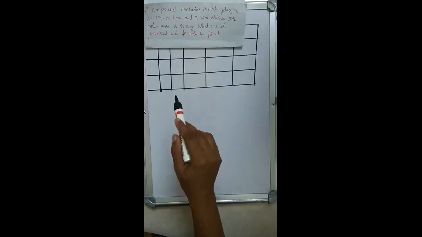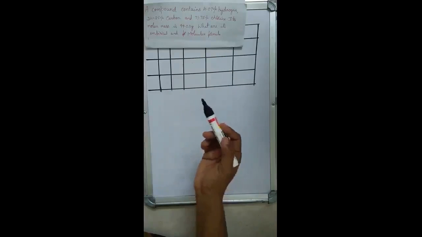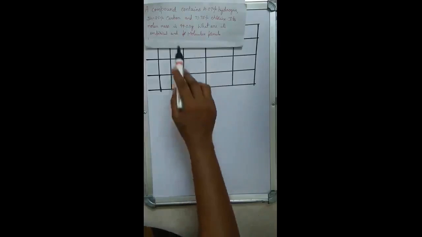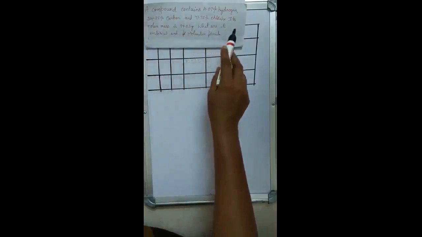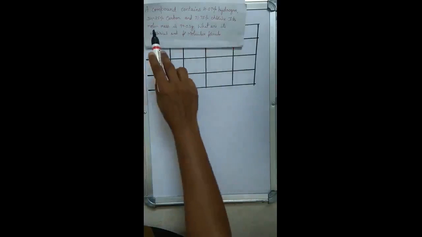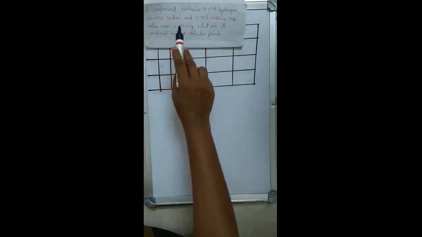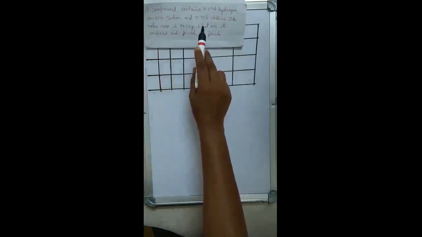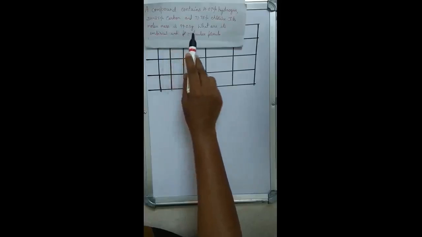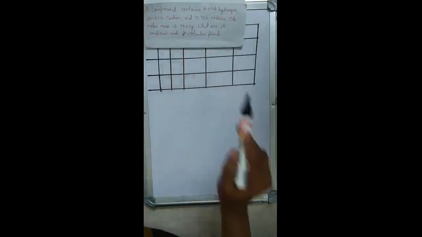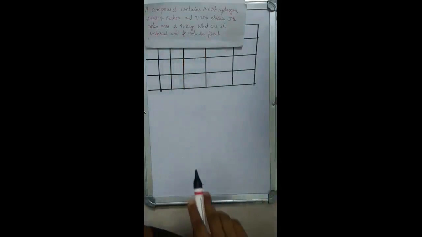Here I will explain how it is calculated. So I will repeat the question. A compound contains 4.07% hydrogen, 24.25% carbon and 71.75% chlorine. Its molecular mass is 99.03 gram. What are its empirical and molecular formula?